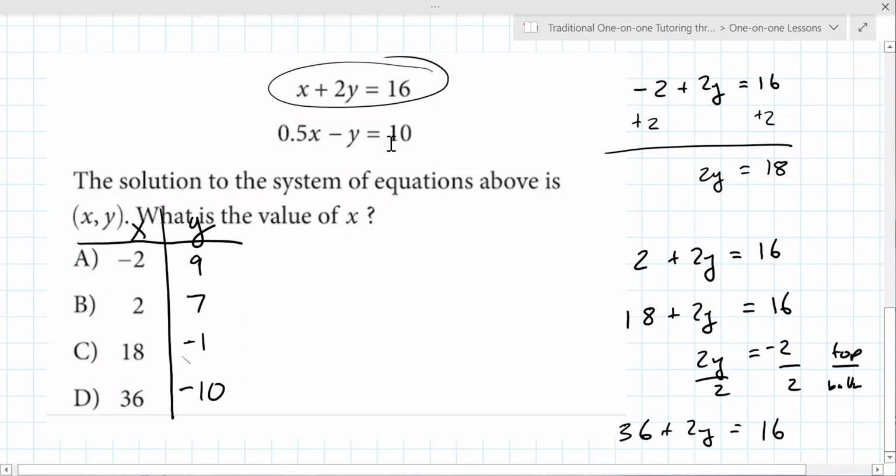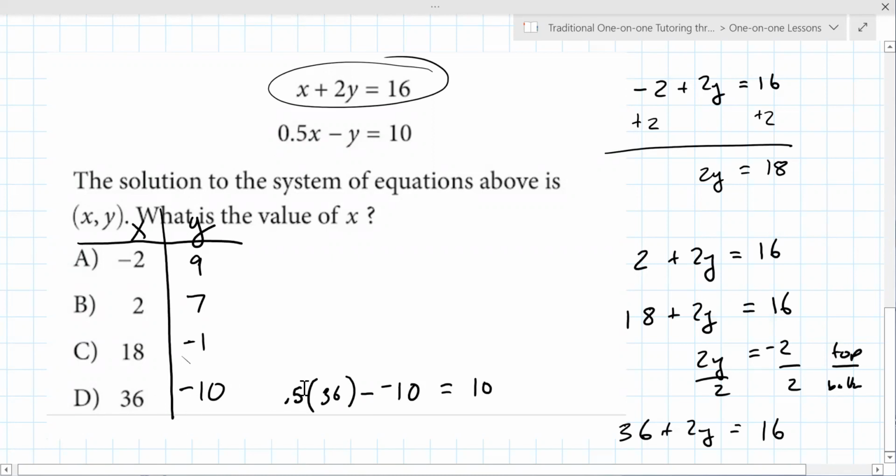Okay, so I'm going to do D. I'm going to do letter D for you. So it's 0.5 times which number, x or y? 0.5 times x. Okay, what's the value of x for letter D? 36. 36 minus, what's the value of y? -10. -10.